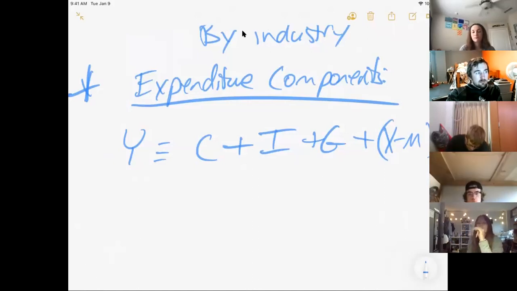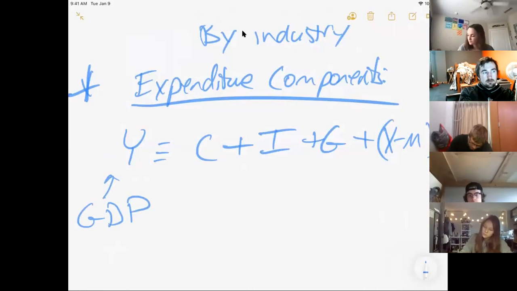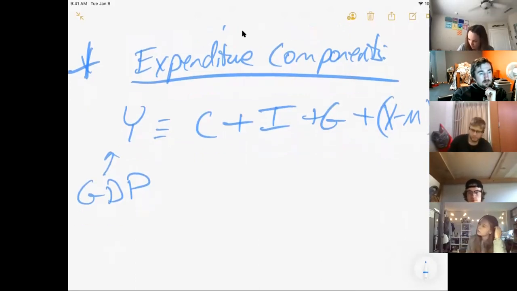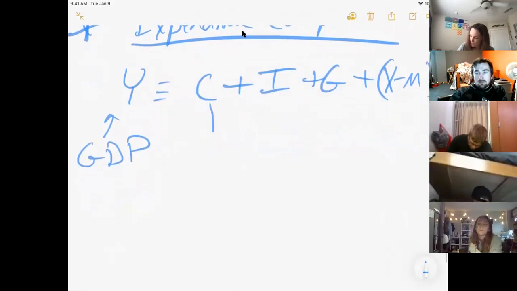In other words, how we define these things makes it true. Y is GDP, and we will always use capital Y to denote GDP in this class. So from here on out, when you see me write a capital Y, I'm talking about GDP. GDP can be broken into these other categories.